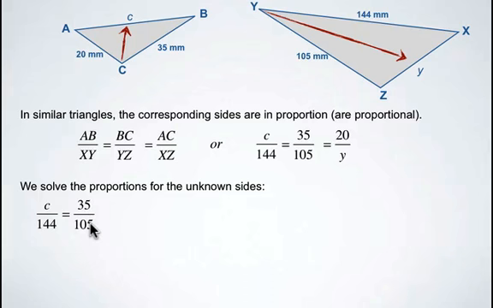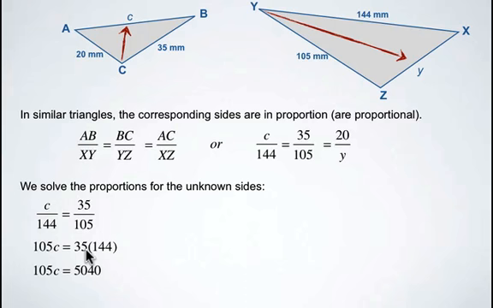To solve this proportion, we cross multiply. So you'll have C times 105 equals 105C, and 144 times 35 if you cross multiply with the other two values. Solving this, 105C equals 5040 when you multiply those two values together.